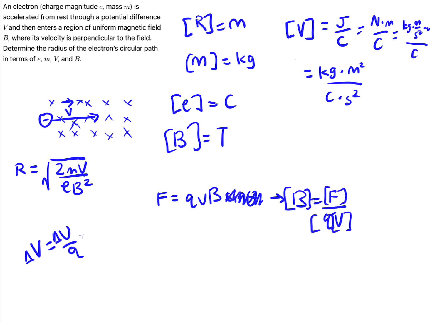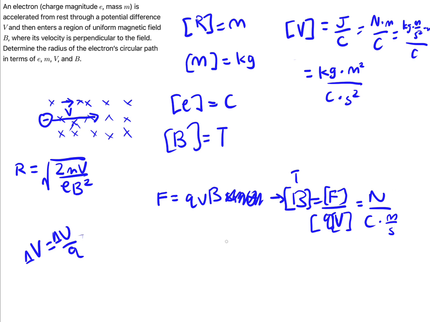Since we know B must be equivalent to this, the units of B, which are tesla, must be equivalent to the units of this. And so the units of force are newtons, units of charge are coulombs, and this is velocity here. So that's meters per second.